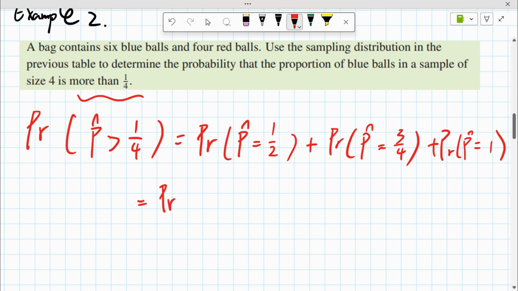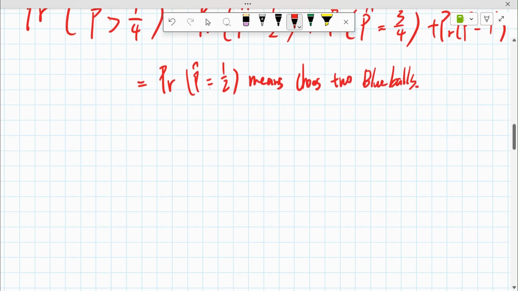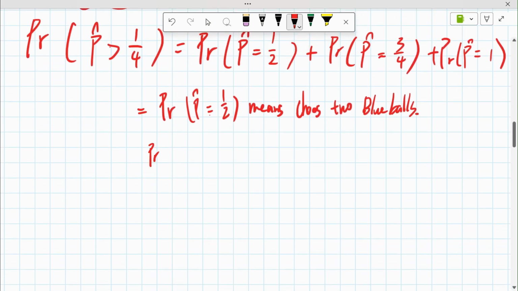If they say the probability of p equal to half, it means choosing 2 blue balls, and the probability of p equal to 1 means choosing 4 blue balls.